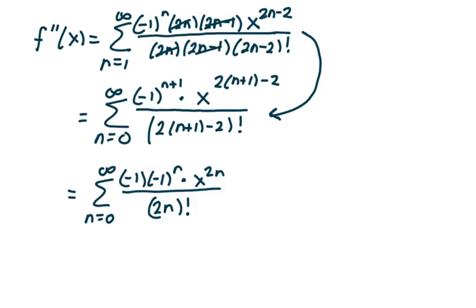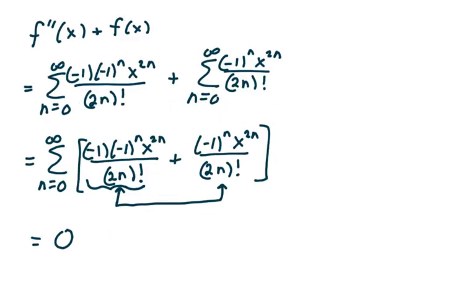And so this is the summation from n equals 0 to infinity of negative 1 to the n plus 1 x to the 2 times n plus 1 minus 2 divided by 2 times n plus 1 minus 2 factorial. And I could write this as the summation from n equals 0 to infinity of negative 1 times negative 1 to the n times x to the 2n divided by 2n factorial.